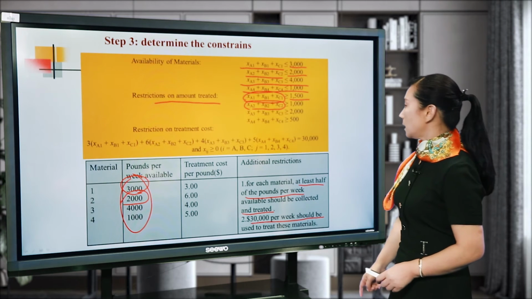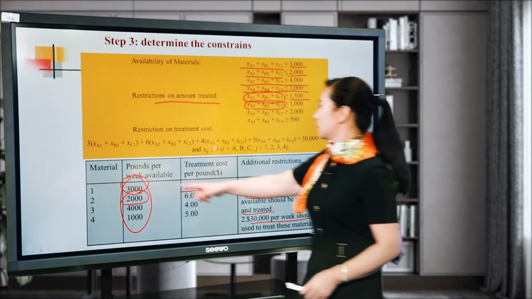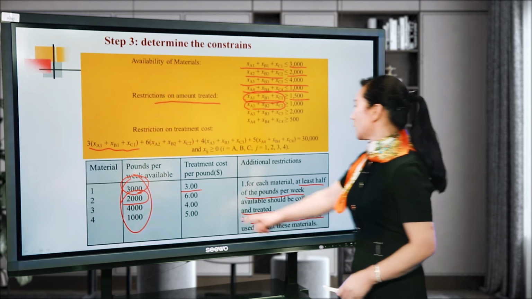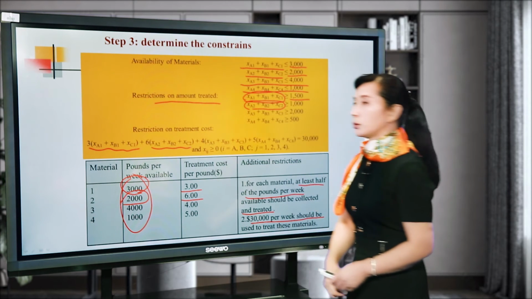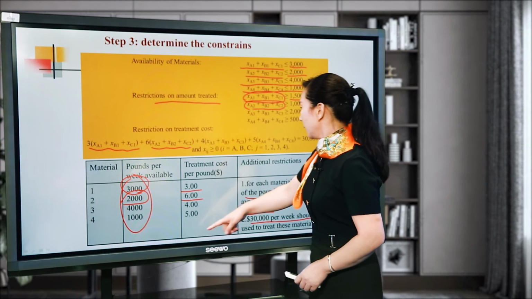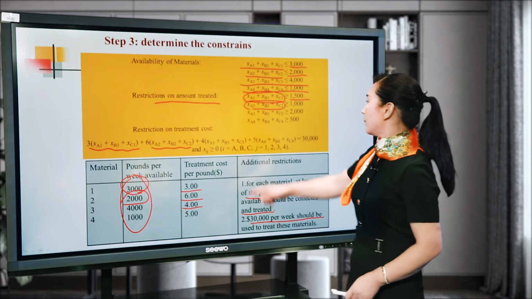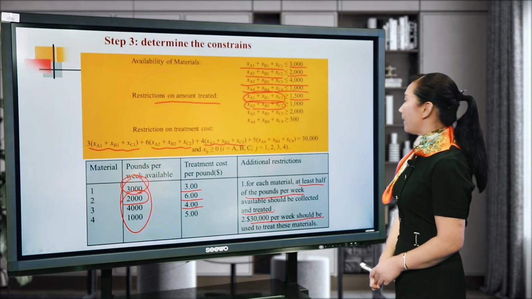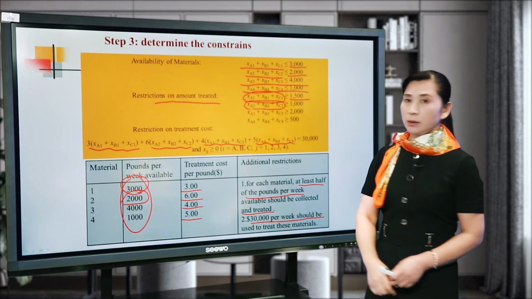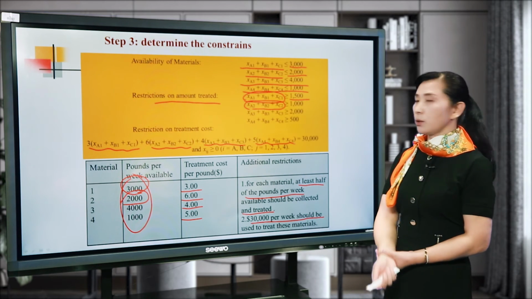In this problem, we need the cost to be: the per-pound cost of material 1 times material 1's total number, plus 6 times material 2's total number, plus material 3's per pound cost times the material 3 total number, plus material 4 price times material 4 total number, equal to 13,000. And this is the resource constraint.